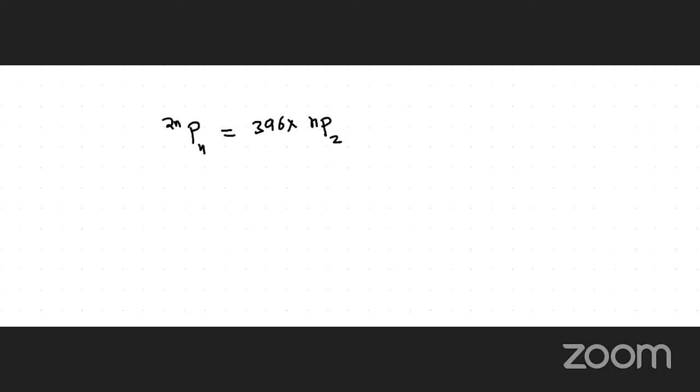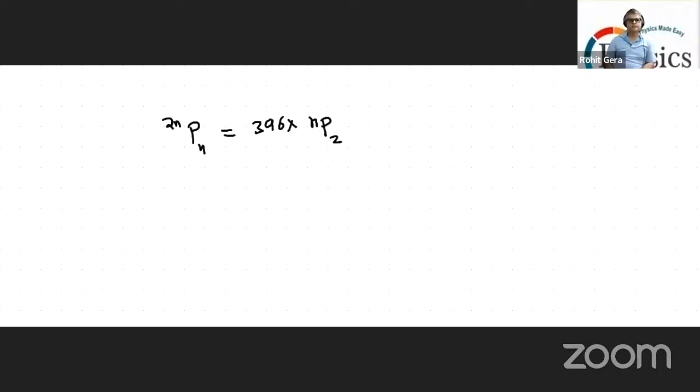Find the value of n given that 2n P4 is equal to 396 multiplied by n P2. Find n. Find the value of n.